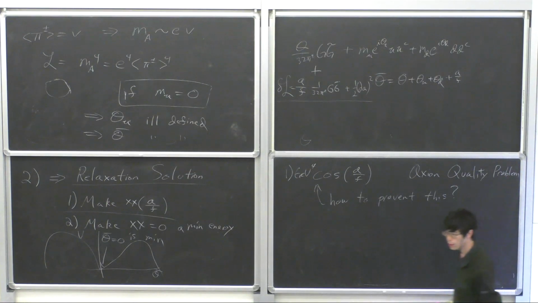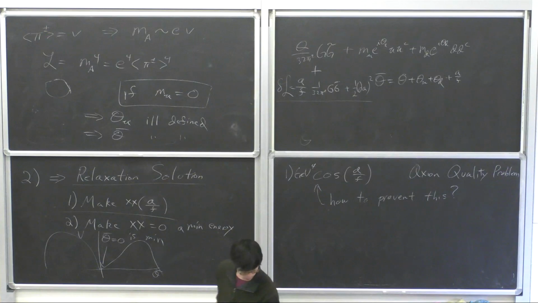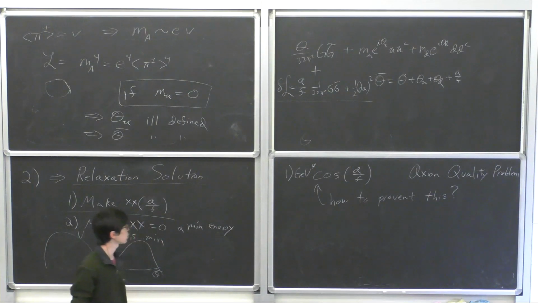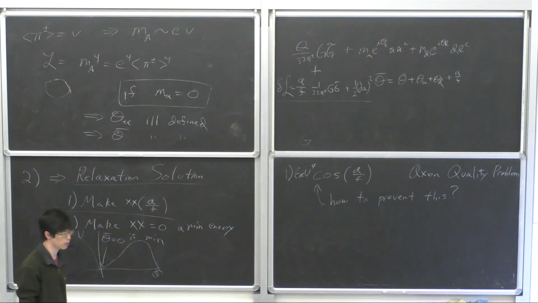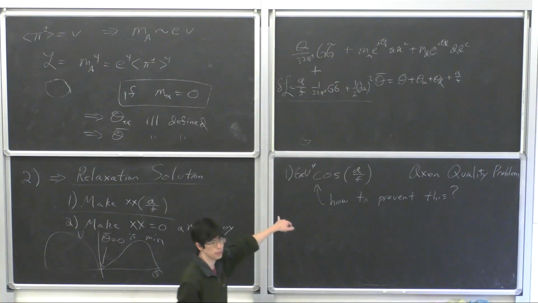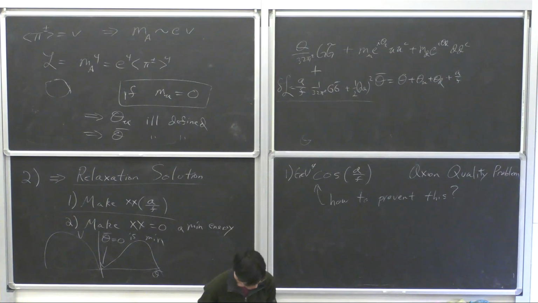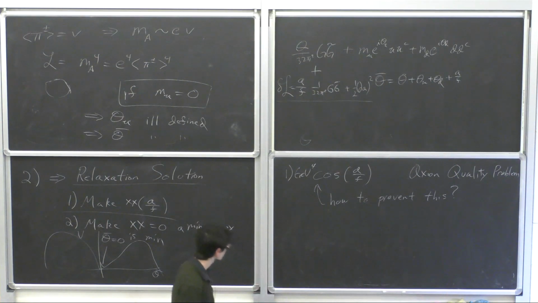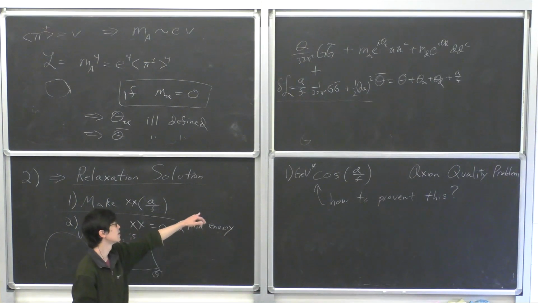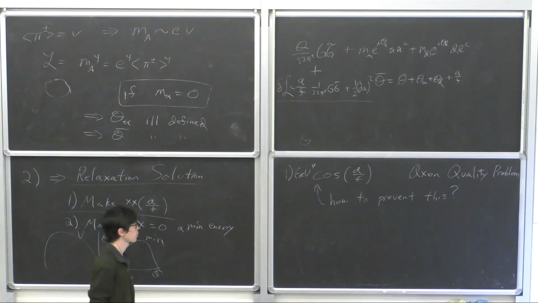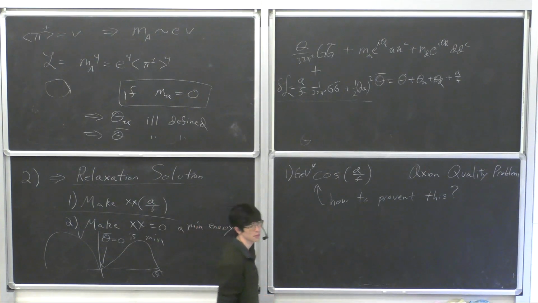And when people come to Axion model building in terms of solving the strong CP problem, this is the only problem they talk about. There's basically nothing else that really comes to mind. In terms of the Axion, at least, this is the only one, and there are a lot of solutions to this, right?